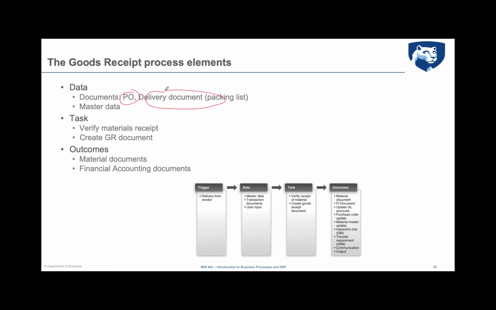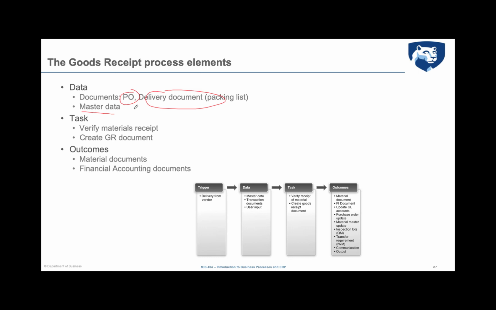This process includes the purchase order that needs to be referenced and the delivery document or the picking list, which is created master data, because it updates and refers to the material, the vendor and the stock involved in this process. The tasks are to verify the material that you have received and create the goods receipt document that refers to this delivery.